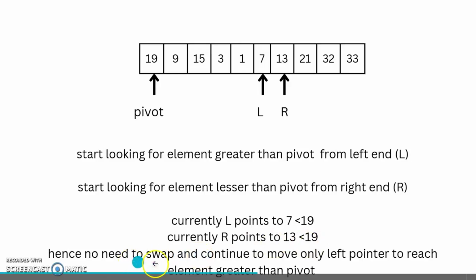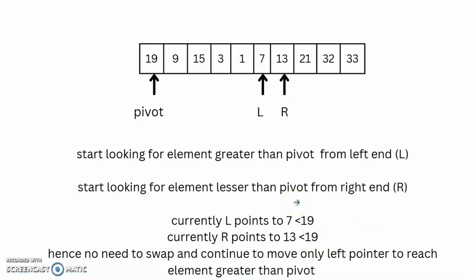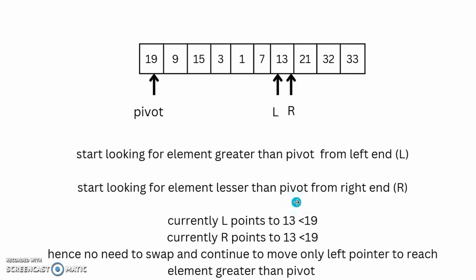So there is no need to swap here and continue to move only the left pointer to reach an element greater than the pivot value. So we are moving only the left pointer one step further. Now left and right point to the same position, that is, left pointer L points to 13, which is lesser than 19.